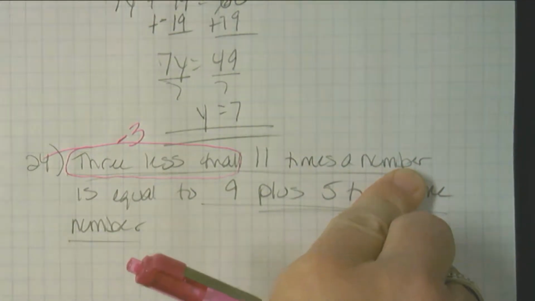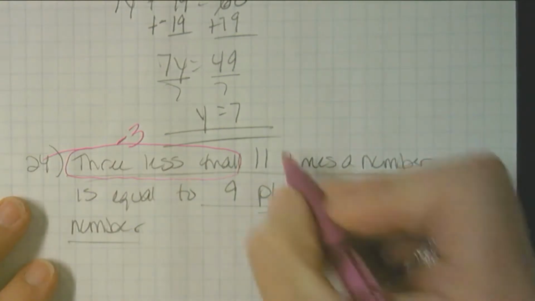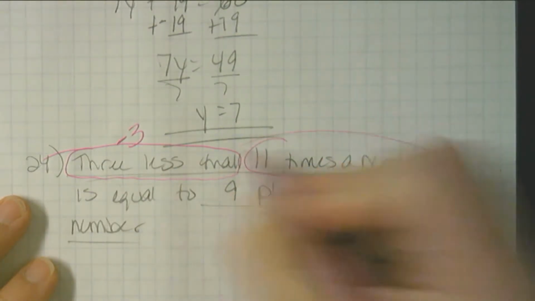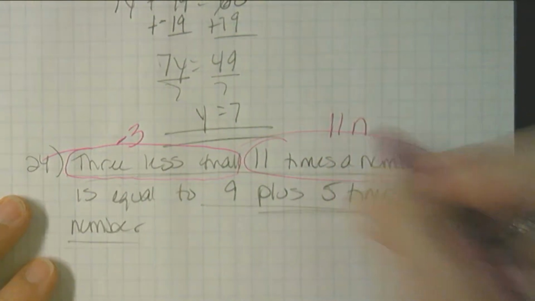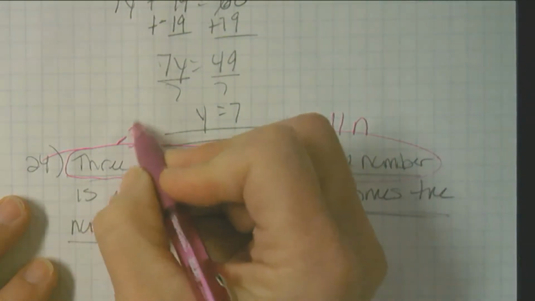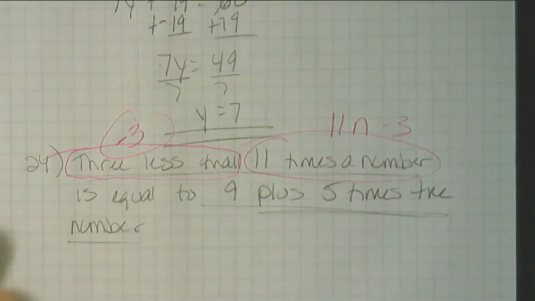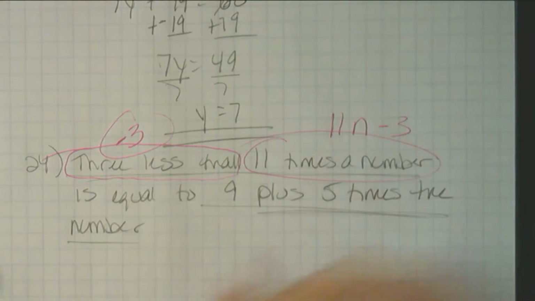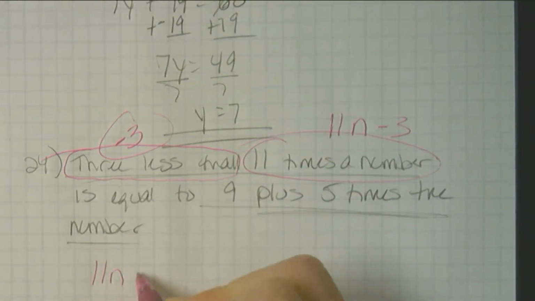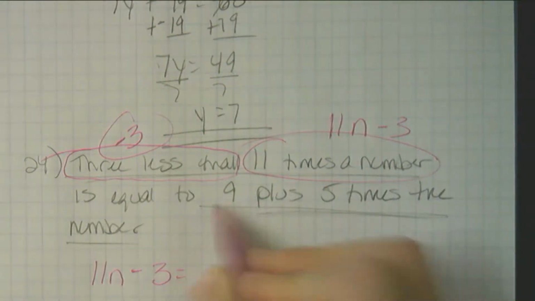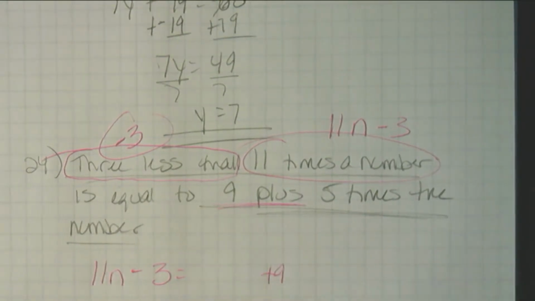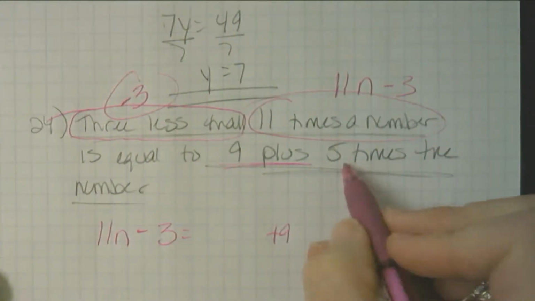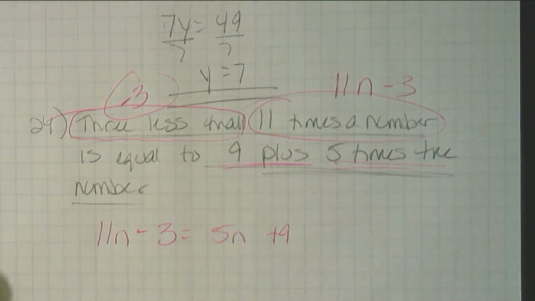So this first part means I have to take 11 times a number. I'm just going to write n for the number. And then I have to subtract 3 off of it. So this first part is 11 times n minus 3 equals, well, you're adding 9 to something. And I'm going to add 9 to 5 times that same number.